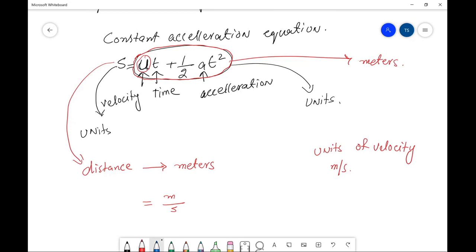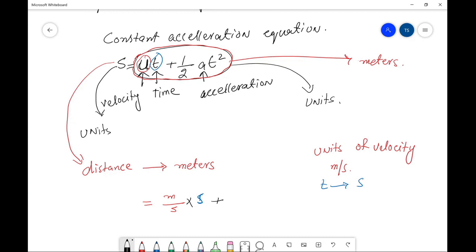We also have time, which is measured in seconds. So velocity times seconds. Then we add, and half is a constant which doesn't have any unit.